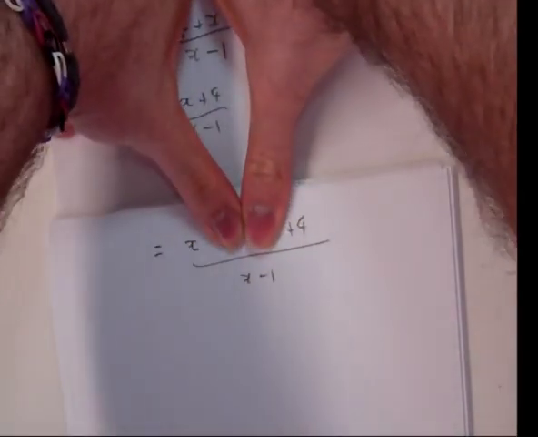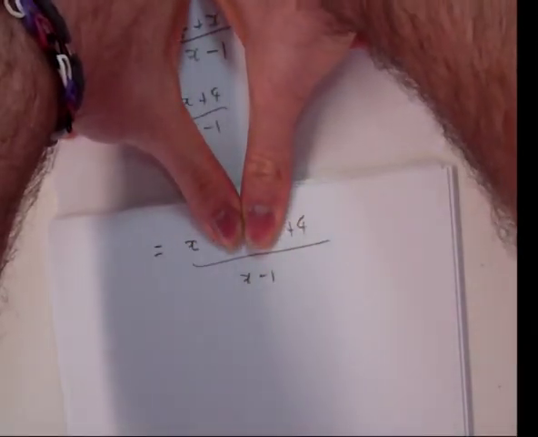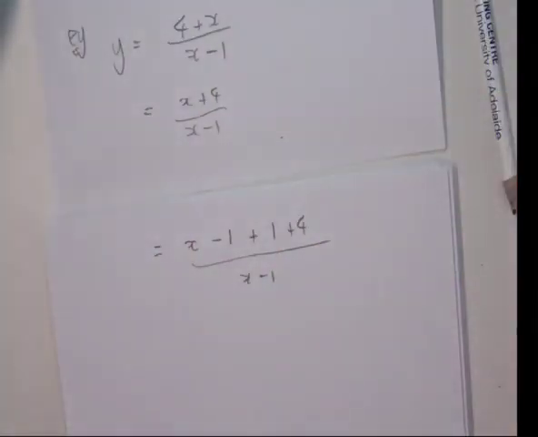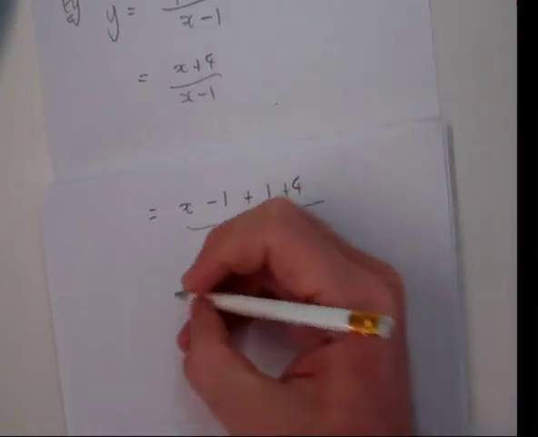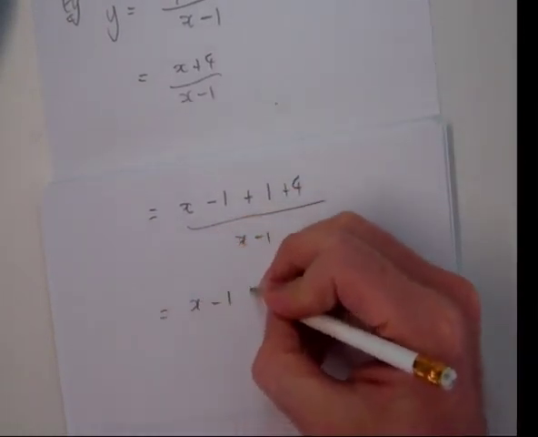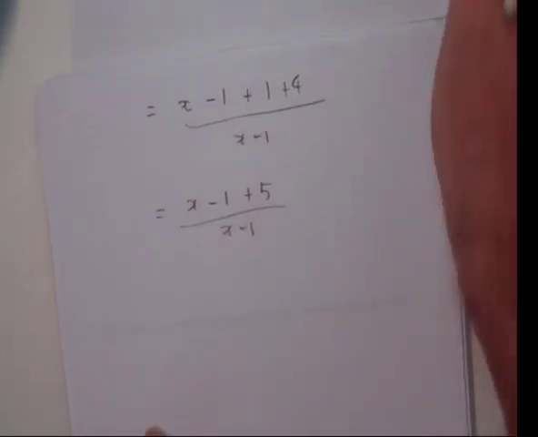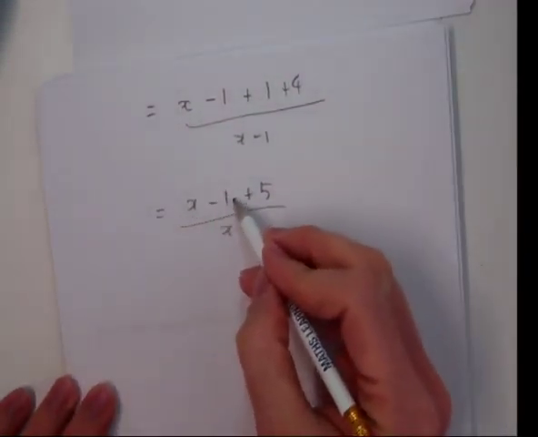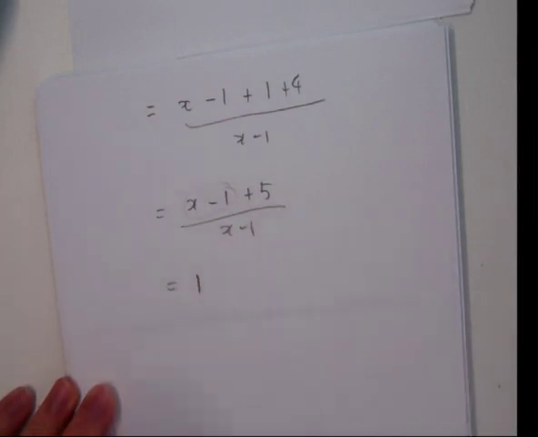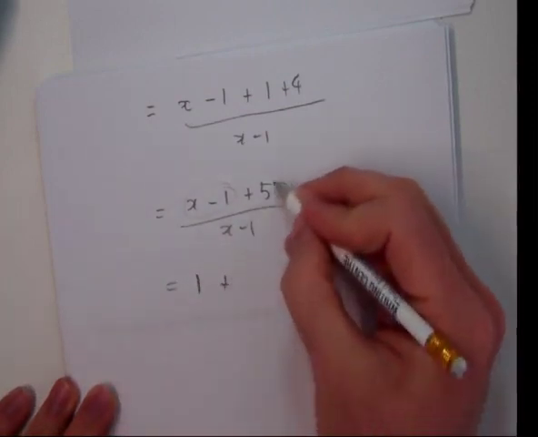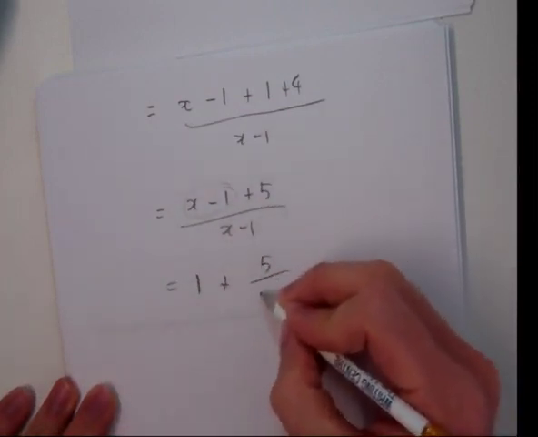Before I had x plus 4 over x take 1, and I'm going to subtract a 1 and add a 1, because I haven't really done anything then. And now, this divided by x take 1 is 1, and this divided by x take 1 is this.